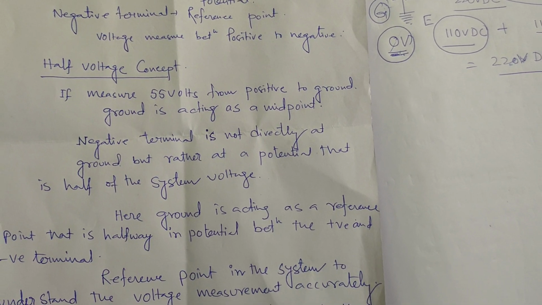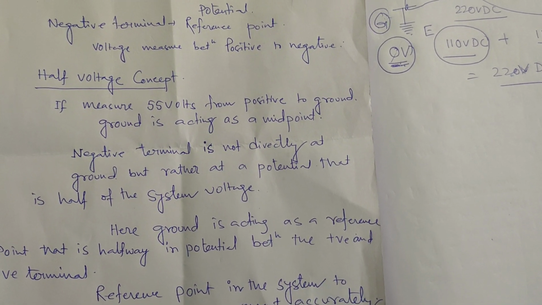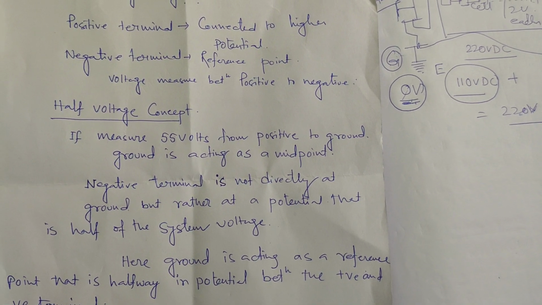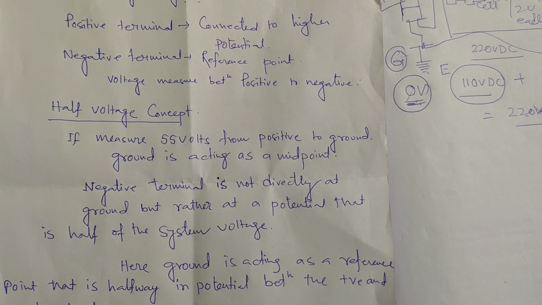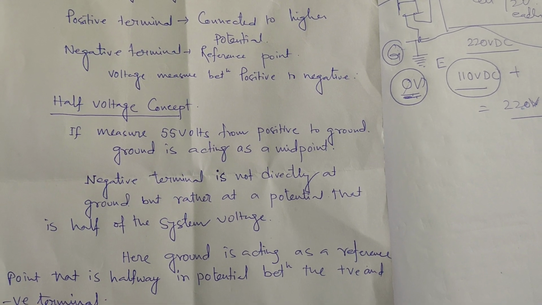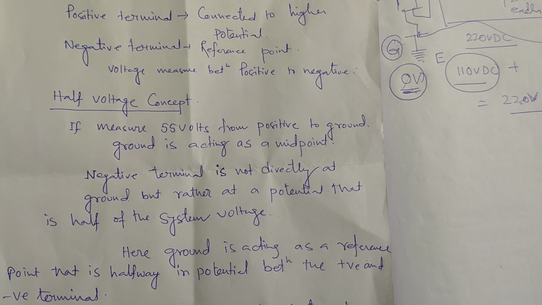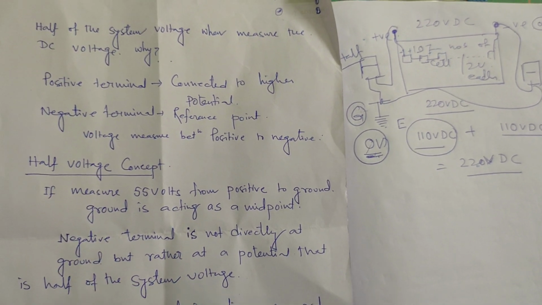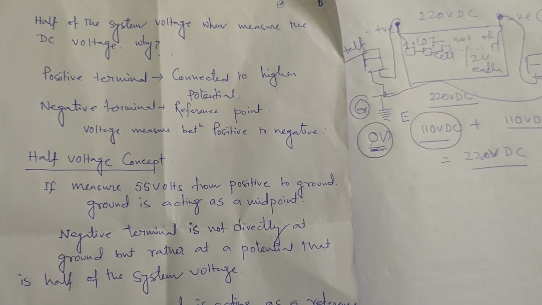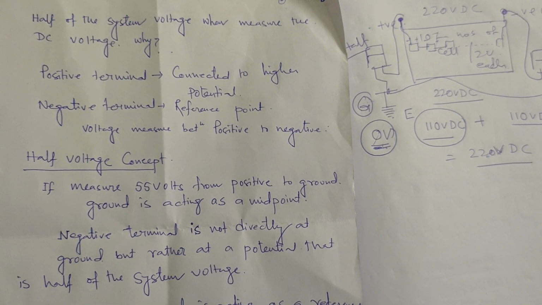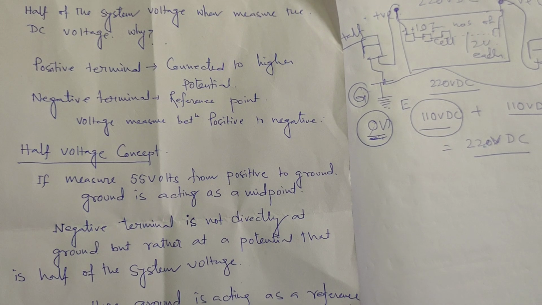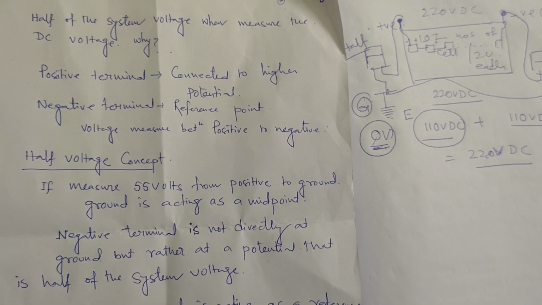That's why we get half of the voltage in case of a balanced system and properly functioning systems. So friend, you understand why we get half of the system voltage when we measure the DC voltage with regard to the ground. It is very, very important.